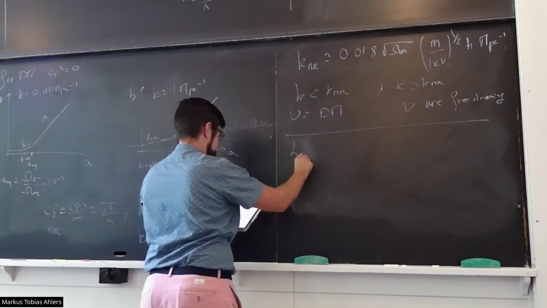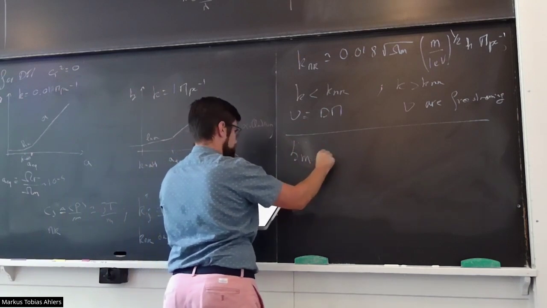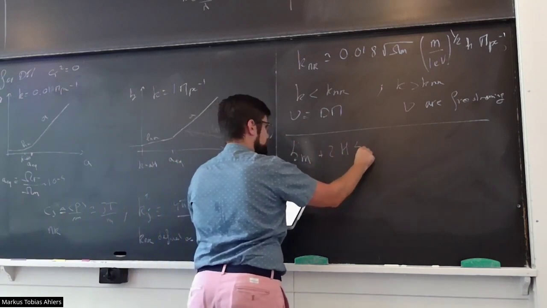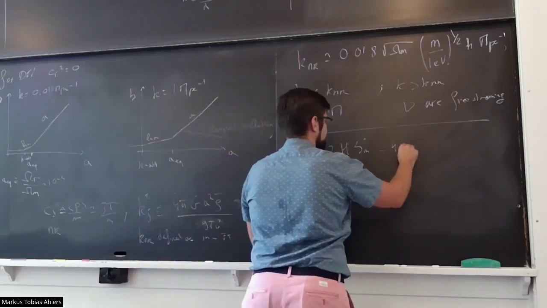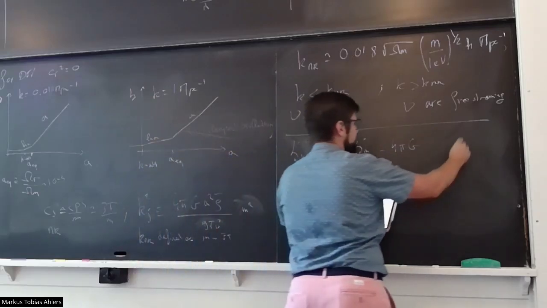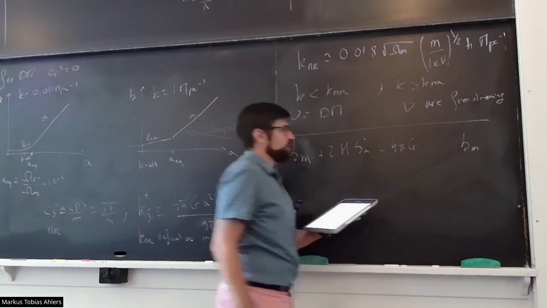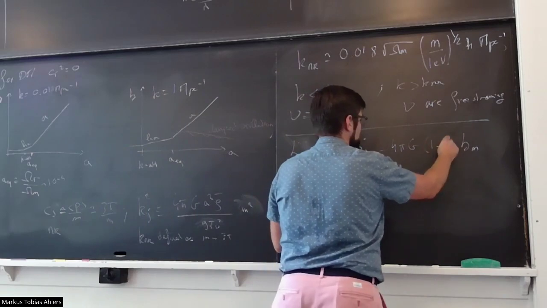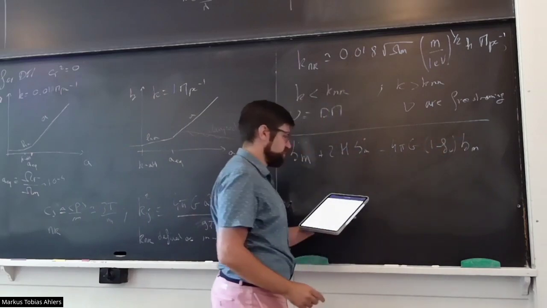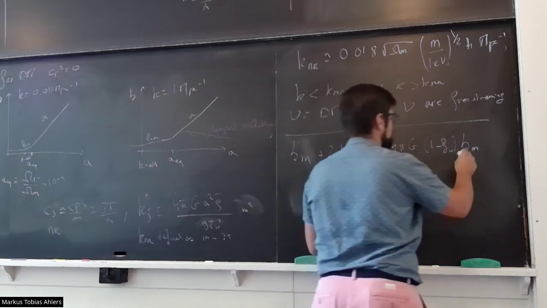So we can write it as delta m double dot plus 2H delta m dot, so with the friction term, minus 4 pi G. And here, what we're going to do is remove the neutrino contribution from rho times delta.